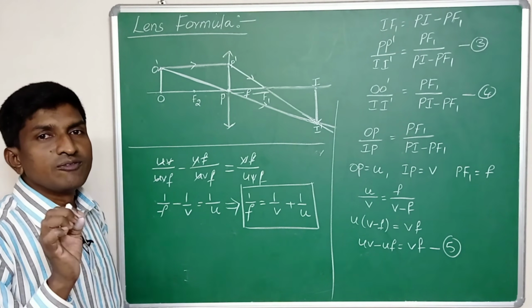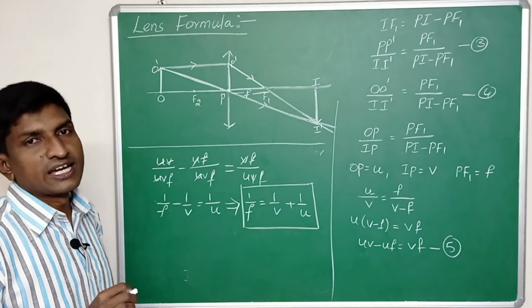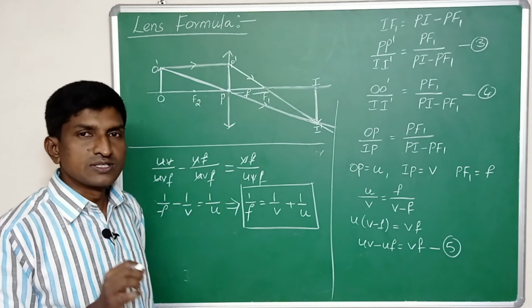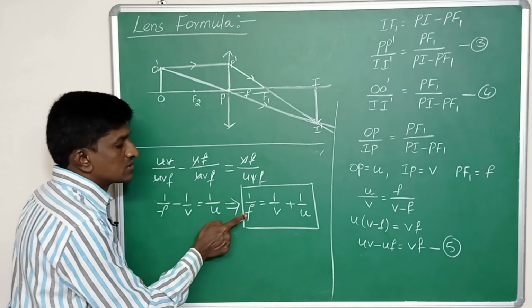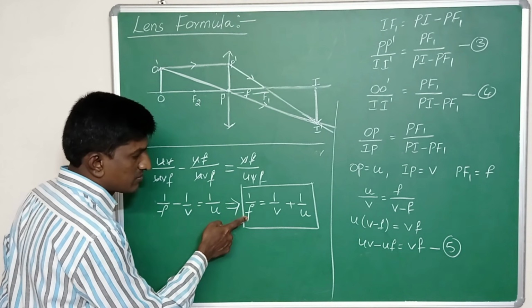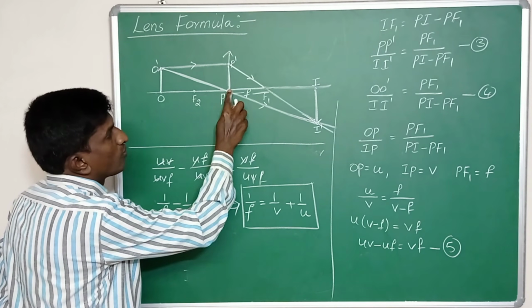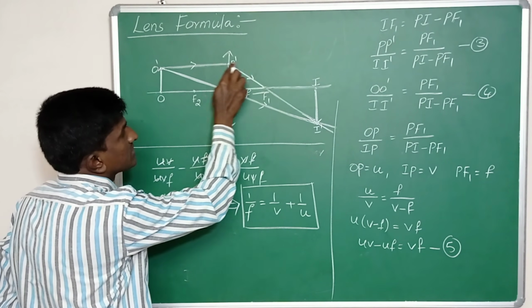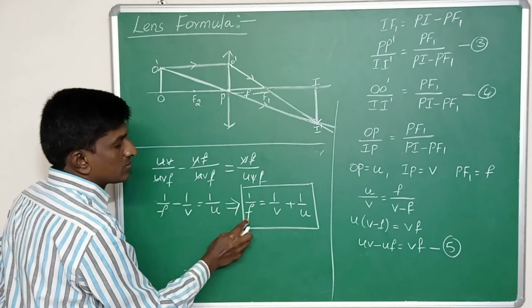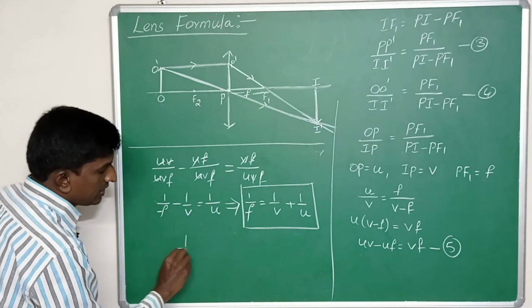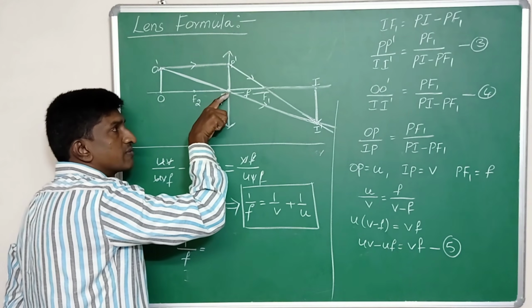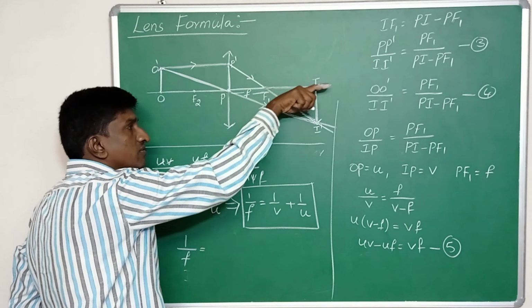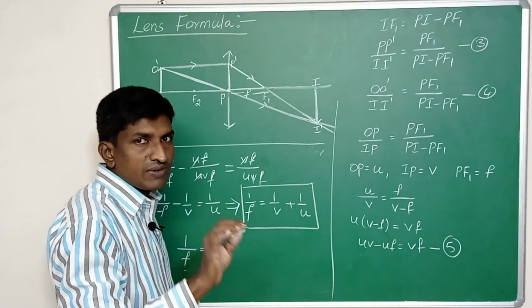So for that we have to use sign convention parameters. Let us apply them. First, f: whether it is positive or negative. Focal length is measured from the optical center in the direction of the incident light ray, so that value is positive.